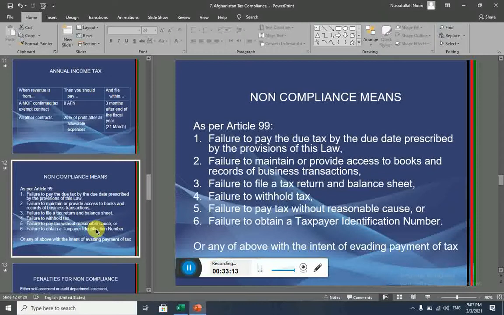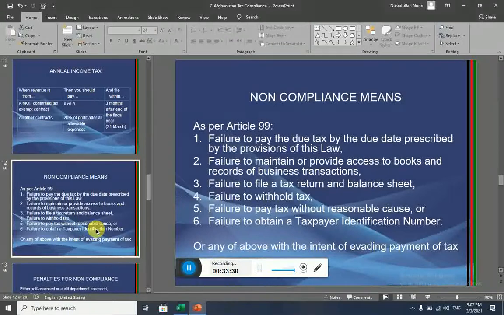Also, you are paying your quarterly tax, which is gross income tax or business receipt tax, and reporting your revenue within the given days, within the due dates.